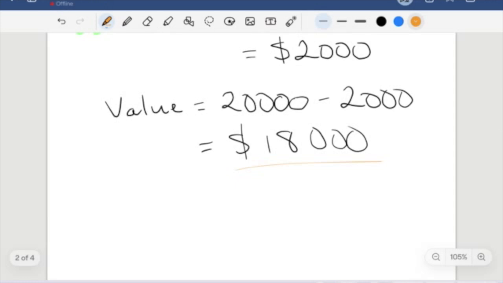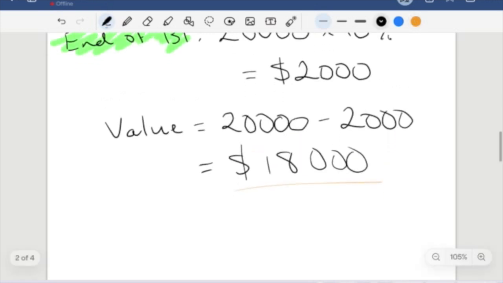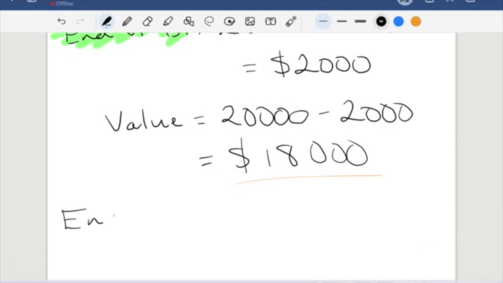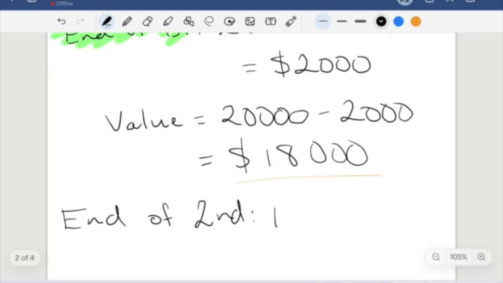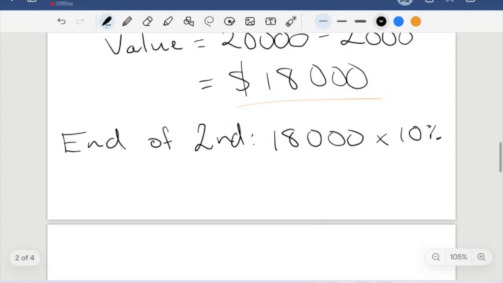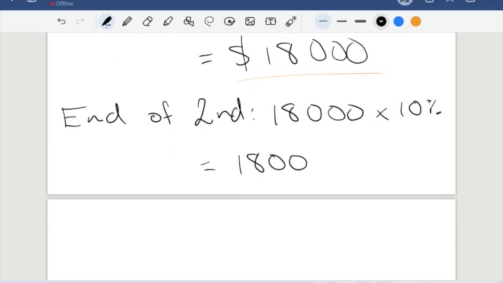So at the end of the second year, it's also going to go down by another 10%. But what changes here is this price of $18,000 is decreasing by another 10%. So we're going to look at what happens now at the end of the second year. We want to find 10% of this new starting price, and that gives us 1,800.